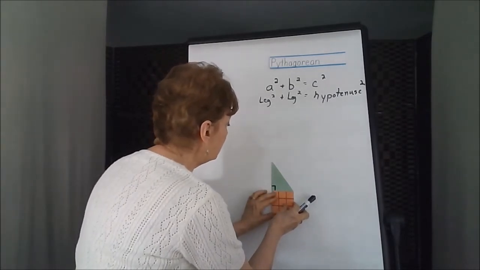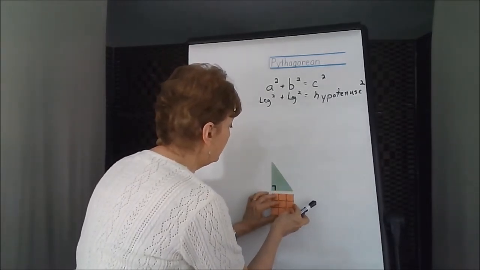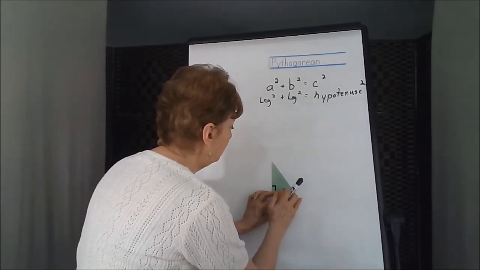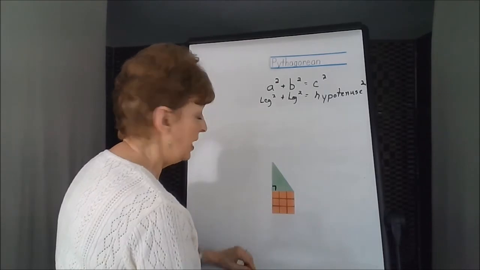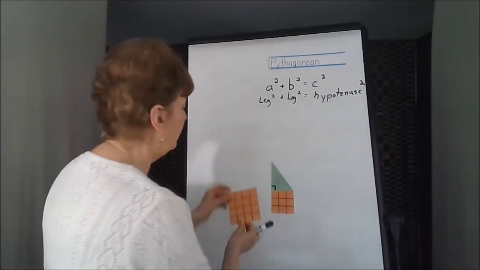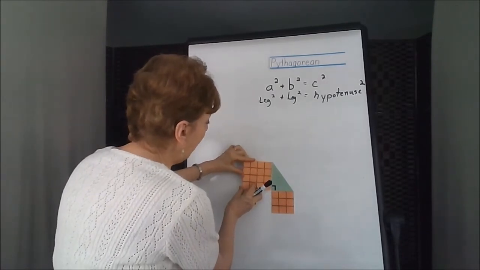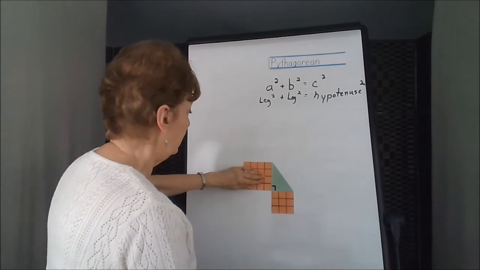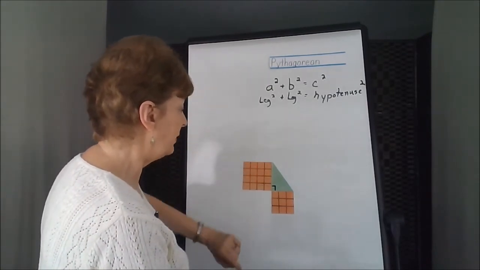If we took this leg, which measures 3, I can get 3 squares out of that. And if we took this, made a square out of the other side, this leg, here I can get 4 blocks out of it.